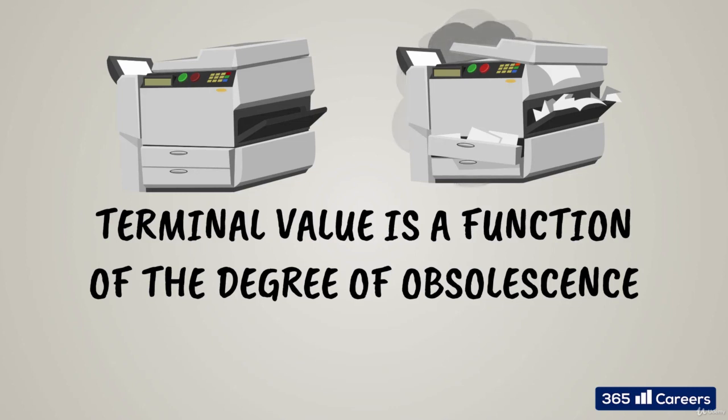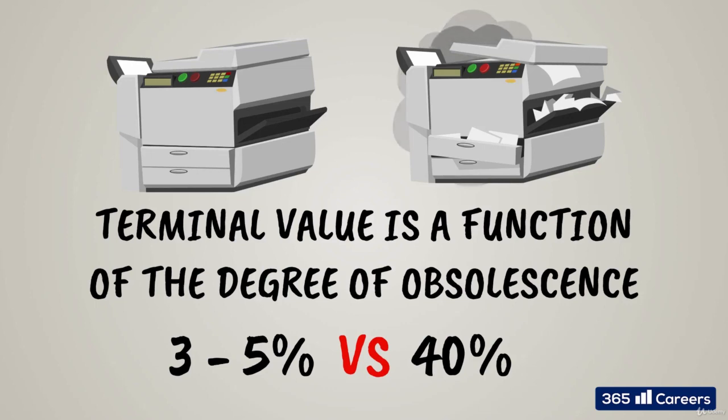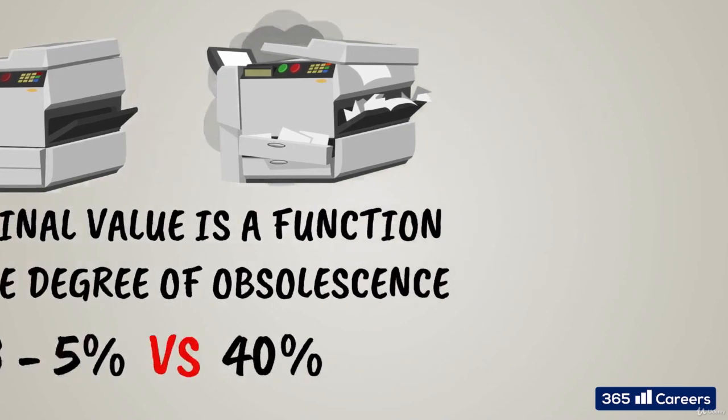However, it is also possible to have an asset that is still valuable and can be sold at a good price. Usually, companies use the services of specialized personnel who can value such assets and come up with a concrete value. For your reference, in some models, terminal value could be as low as 3 or 5%, while in others, it can be even 40%. It depends on the type of asset we are considering.